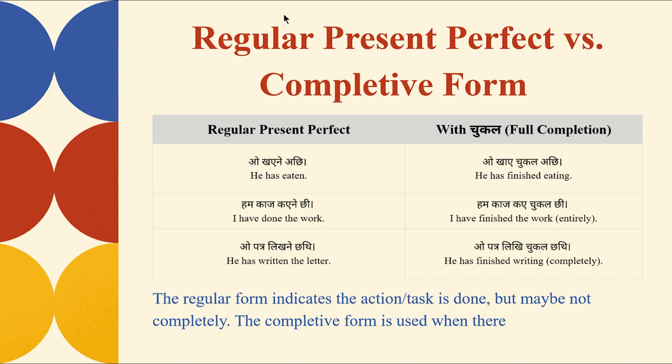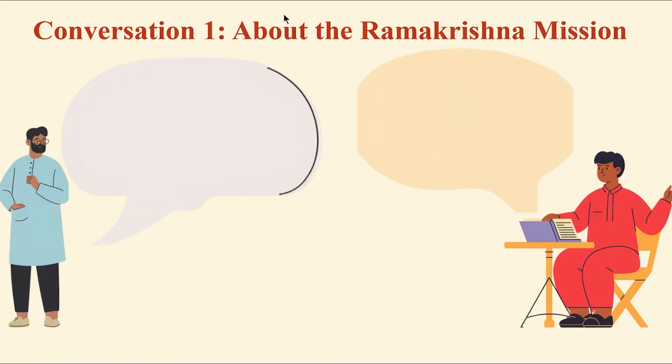So the regular form indicates that the action or task is done, but maybe not completely. The completive form is used when there is nothing left to do. Okay. So let's look at the two conversations one by one.